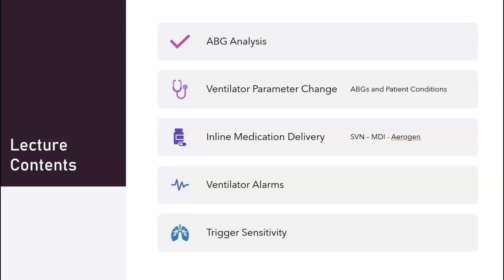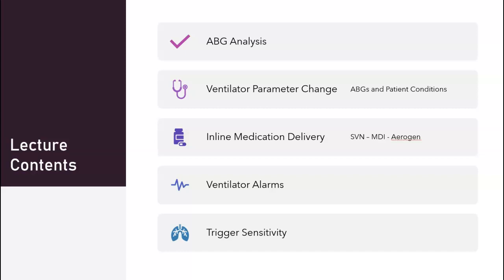All right, so what we are going to talk about in this specific lecture is ABG analysis and some tests to go about in it. Ventilator parameter changes you would make with an ABG. So if you are presented an ABG that's out of range, what changes you would make with the ventilator. Also different patient conditions.